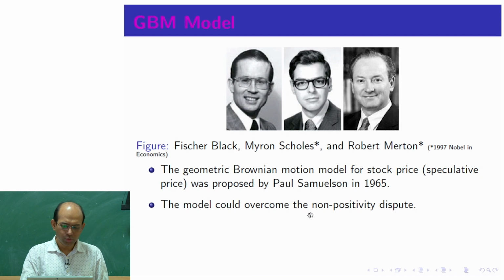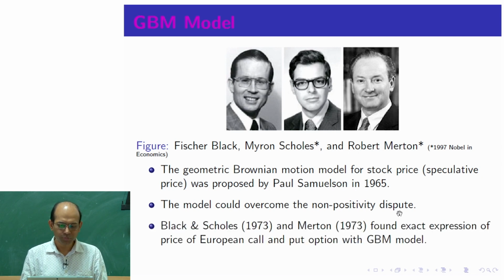So, the model could overcome the non-positivity problem that Bachelier had, but then in a 1973 paper, actually this work was done by Black and Scholes a little earlier, but they published it in 1973, they used this geometric Brownian motion to model stock price, and then did some stochastic analysis to find the price of options. But that is a different thing. What is an option?